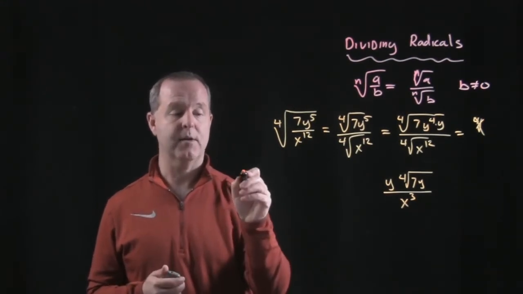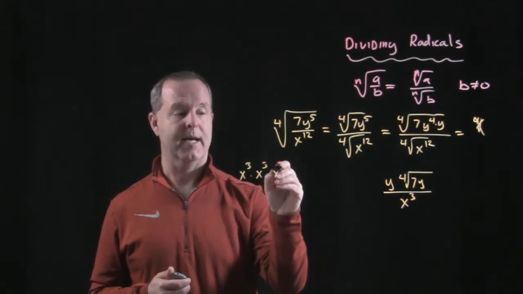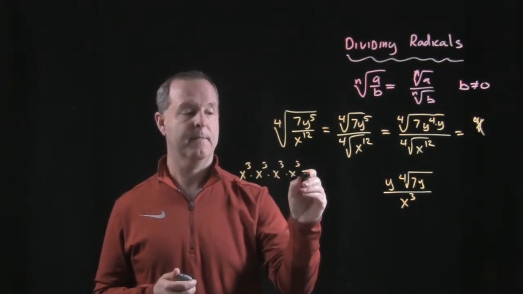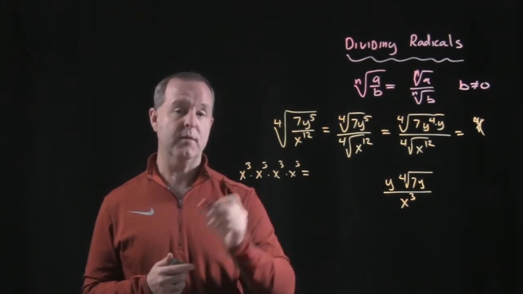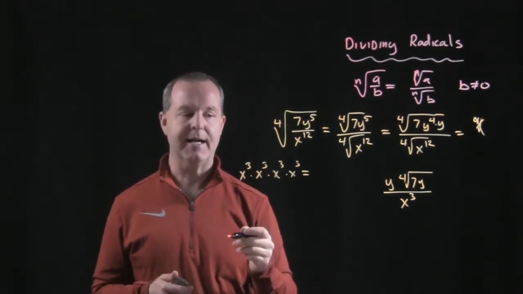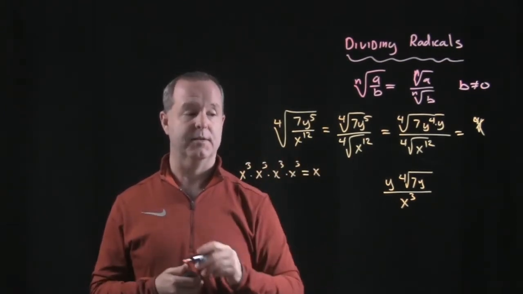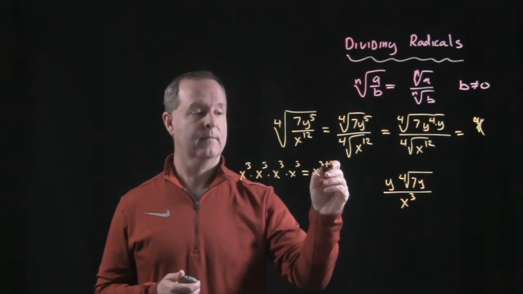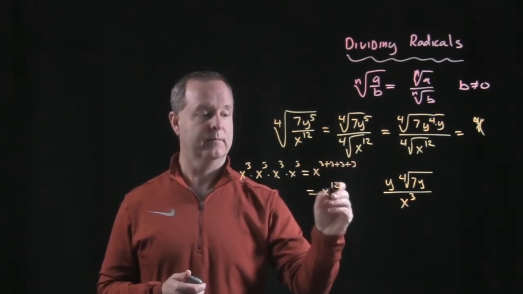Well, I claim x to the third does, because x to the third times x to the third times x to the third times x to the third equals, how do you multiply like bases? What do you do with the exponents? You add the exponents. So this becomes x to the 3 plus 3 plus 3 plus 3, or x to the 12th.